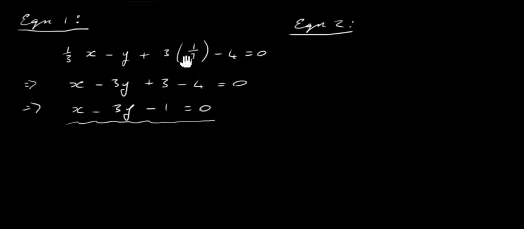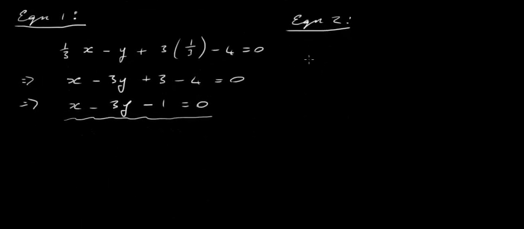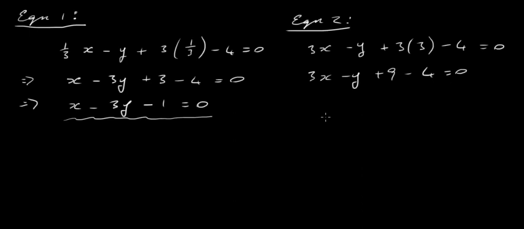So 3x minus y plus 3 times 3 minus 4 equal to 0. This will give us 3x minus y plus 9 minus 4 equal to 0. So that gives me 3x minus y plus 5 equal to 0. This is the second equation.